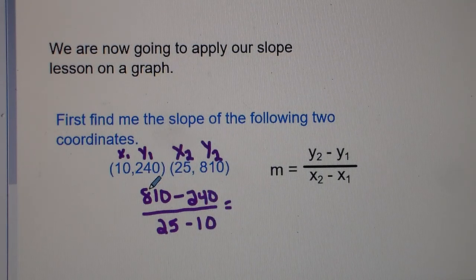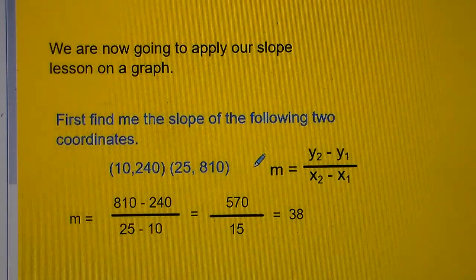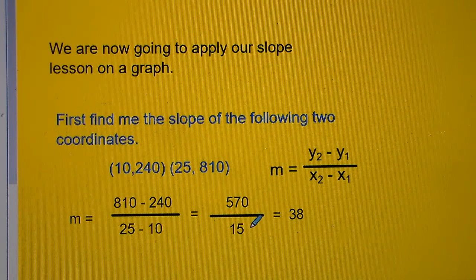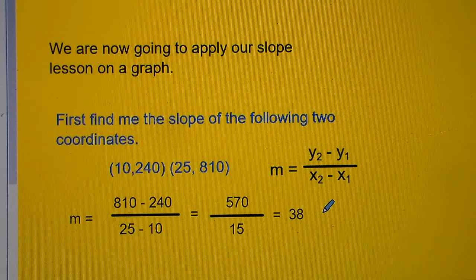We crunch out those numbers. 810 minus 240 gets us 570. 25 minus 10 gets you 15. 570 divided by 15 gets you 38. This is the concept we need to make sure we master in order to do this material that's coming up.